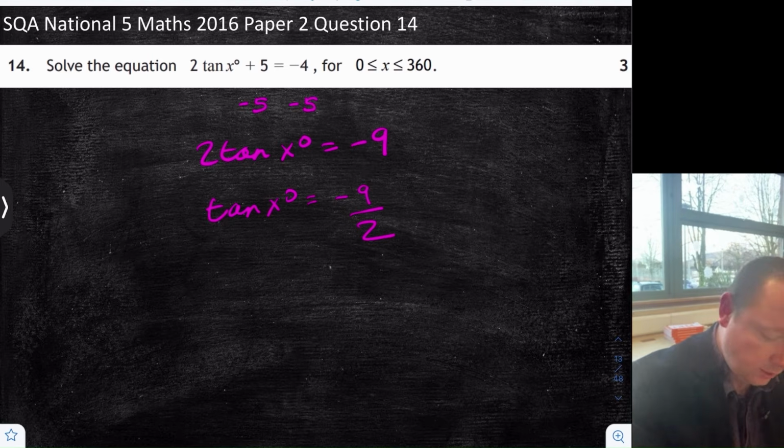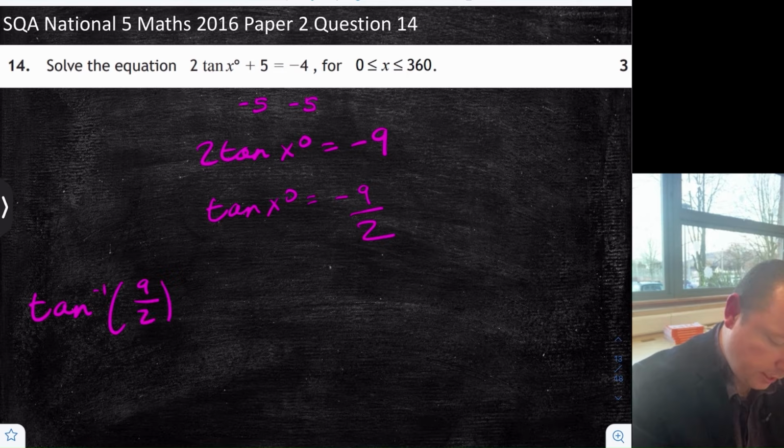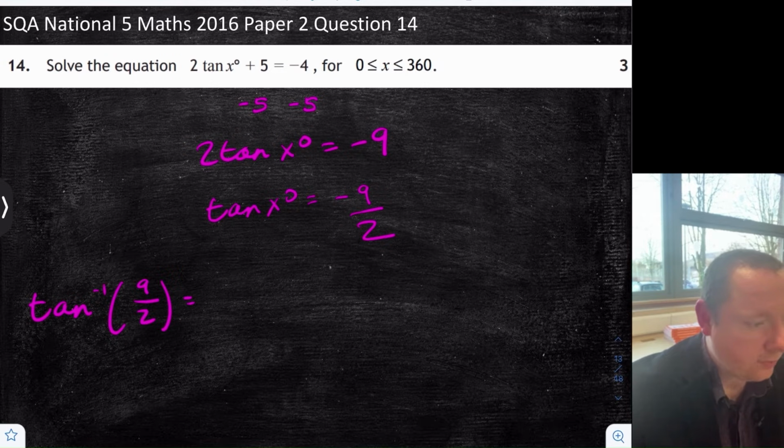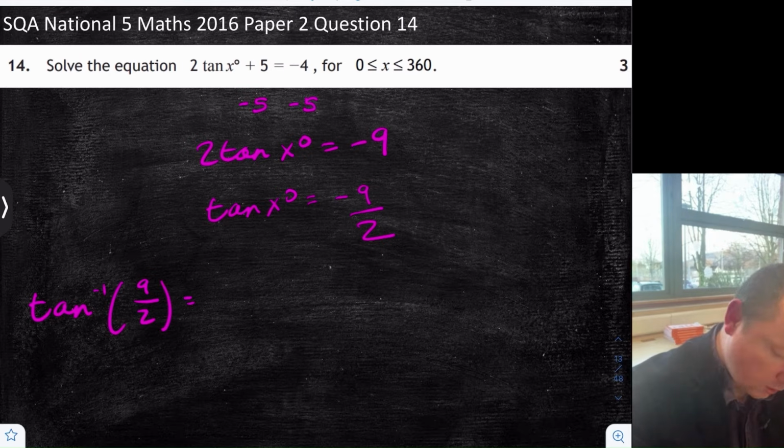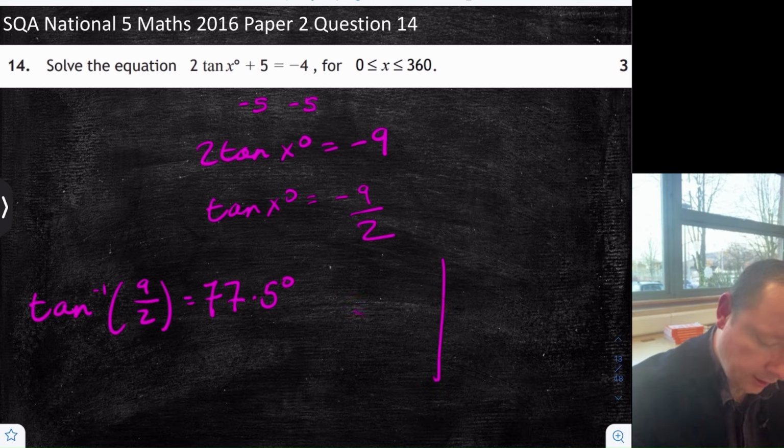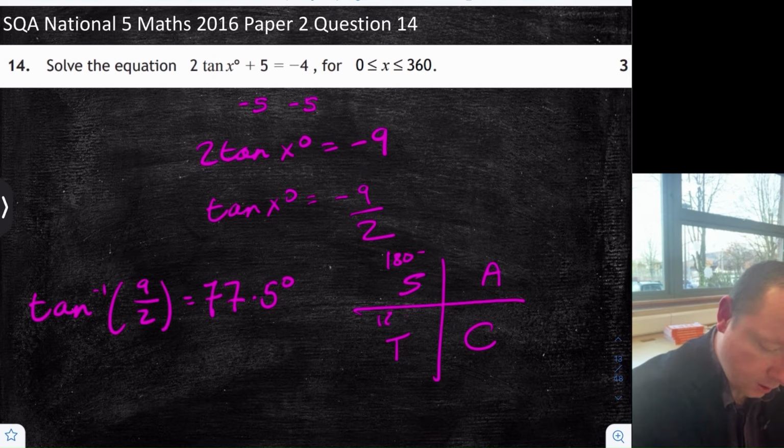So don't write x equals, just do the inverse tan of 9 over 2 at the side and work out what that is using a calculator. I get 77.47, or 77.5 to 1 decimal place. And now we can draw a CAST diagram. So remember, that's 180 minus, 180 plus, and 360 minus.